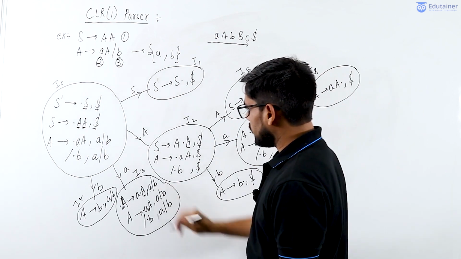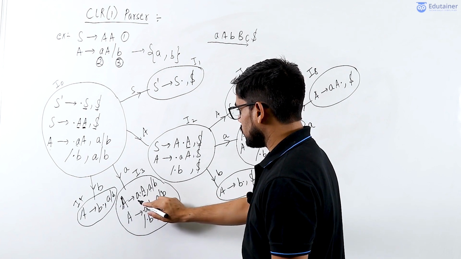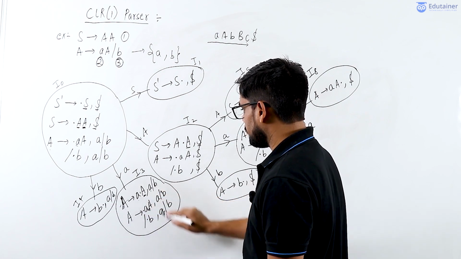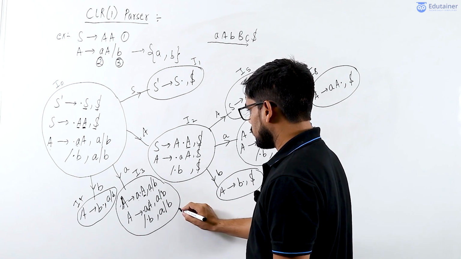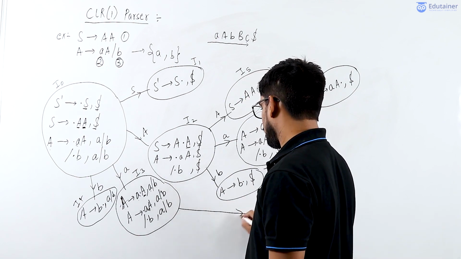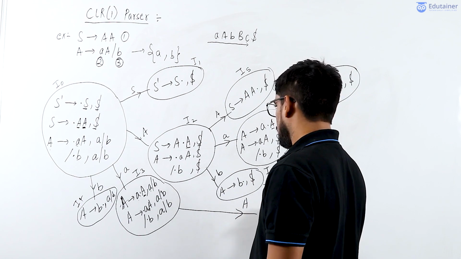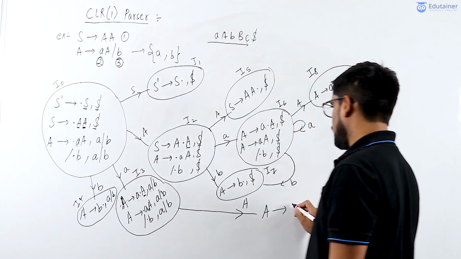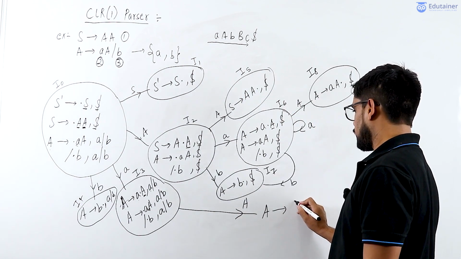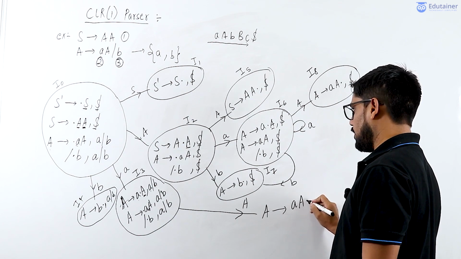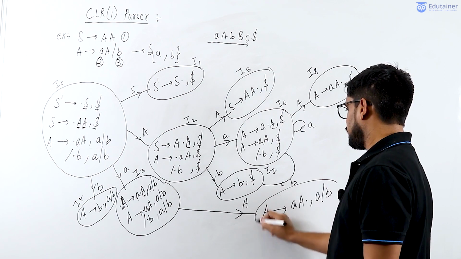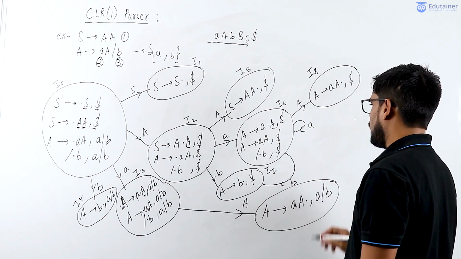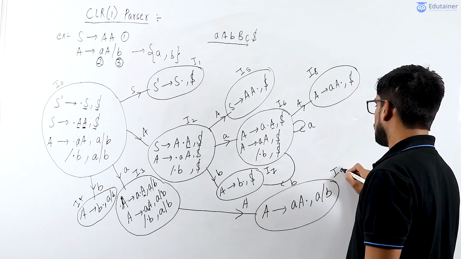Here state number I3, A derives A dot capital A comma B. If I take the transition on capital A, then I will get the production A derives A A dot, A comma B. Okay, and let's call it state number I9.